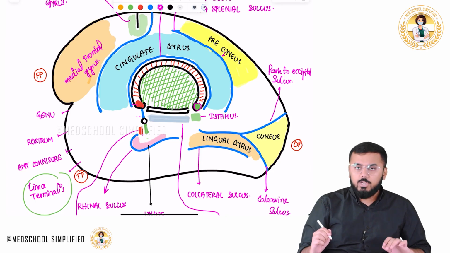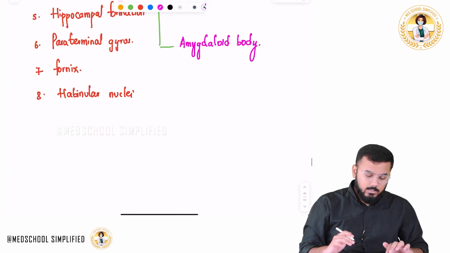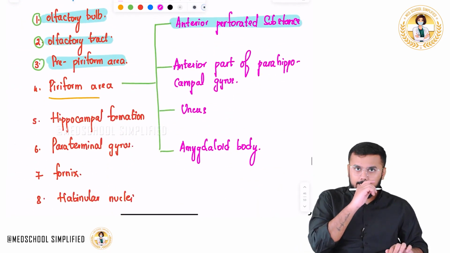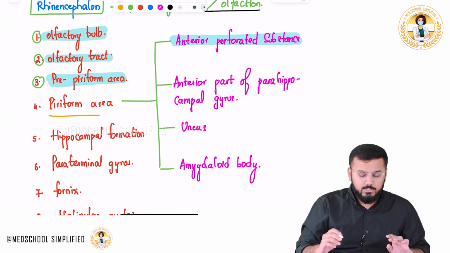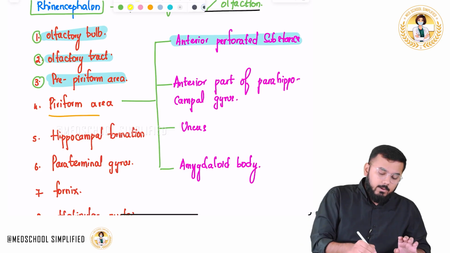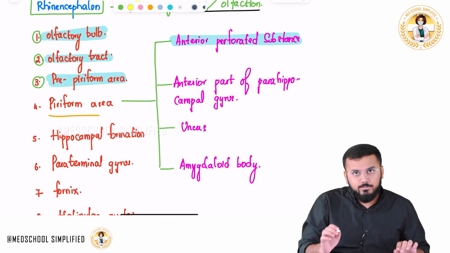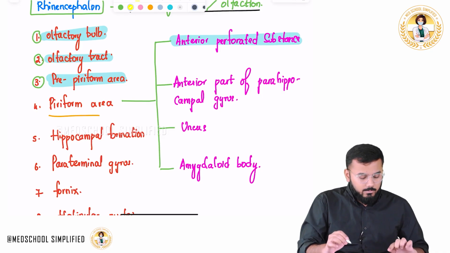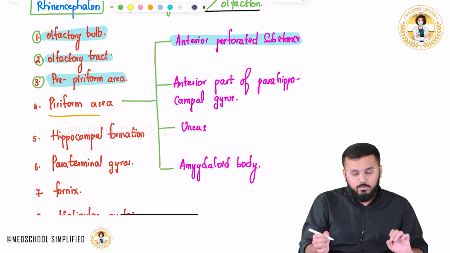Now let us go back to that picture which I have drawn, the text which I have written there, and look back at all of the structures. These shaded structures we have already discussed. Olfactory bulb you have seen, olfactory tract you have seen, prepiriform area, anterior perforated substance you have seen, right?